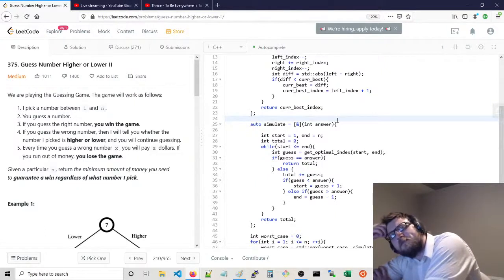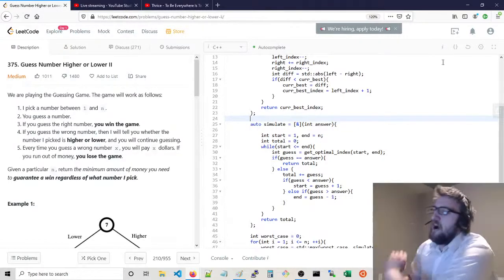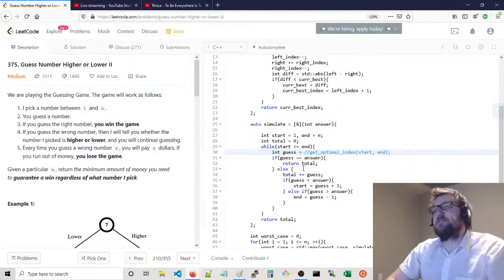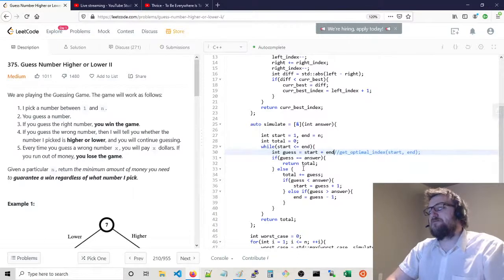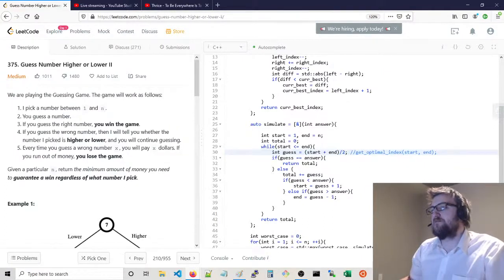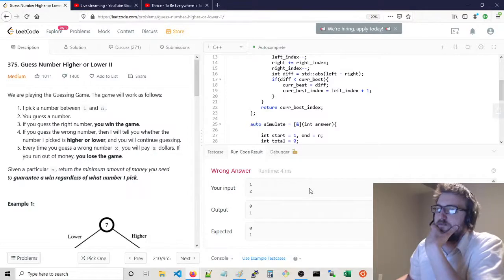I don't know. It seems like this is the right way to do it. Well, I guess the reason is that you have fewer guesses, and that's just always better. I don't know. Let's see if we just do start plus n divided by 2. No, the other algorithm is better, I think.